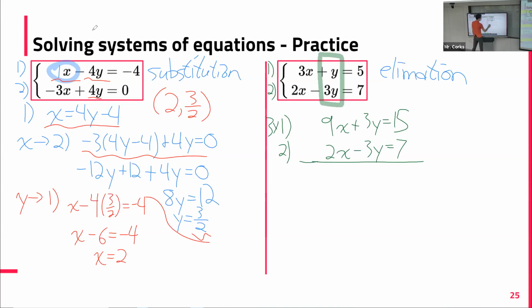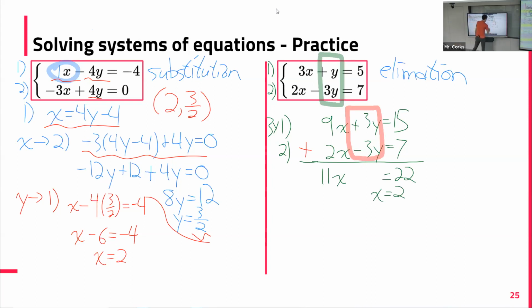Okay, so again, we have the same coefficients here, so those will eliminate, but we have opposite signs, so we need to add. So if we do that, we will get 11x and then 0y. I won't write that, and we get 22. So x is 2.